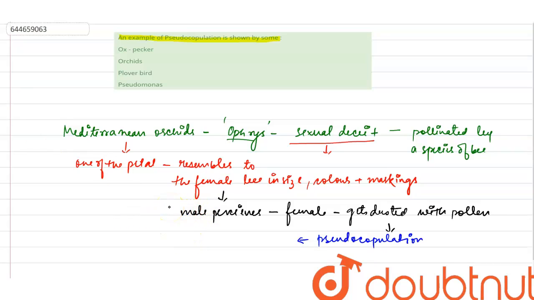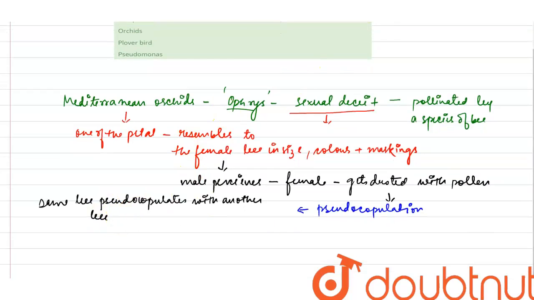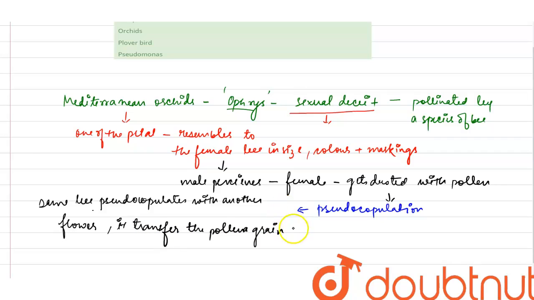When the same bee pseudocopulates with another flower, it transfers the pollen grain and thus pollinates the flower.